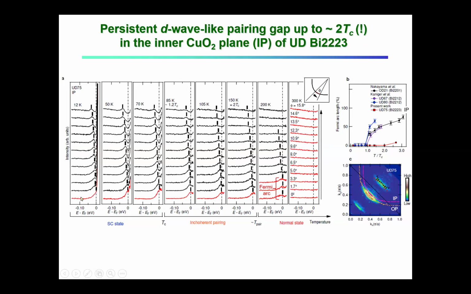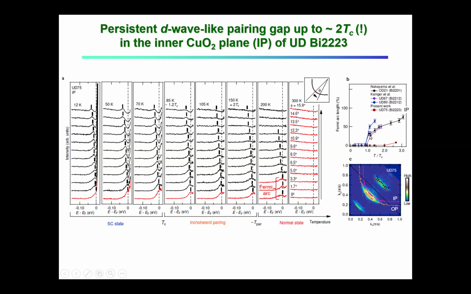So these are the temperature dependence of the spectra from below TC to above TC. This D-wave-like behavior continues up to almost twice TC, and eventually the Fermi arc develops.